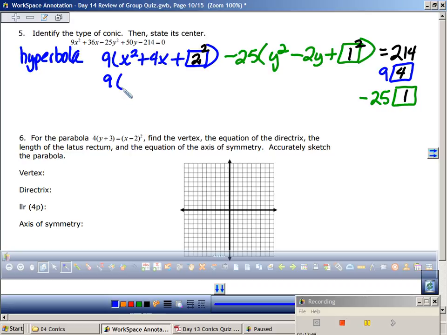So this becomes 9 times x plus 2 squared minus 25 times y minus 1 squared, all equals what? 214 plus 36 minus 25, 225.